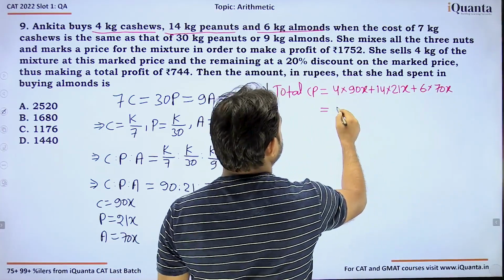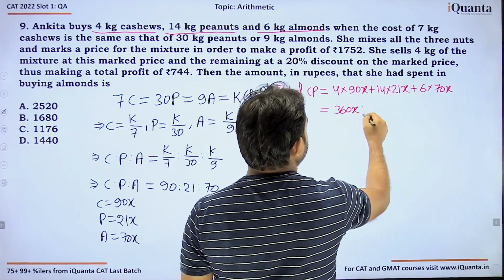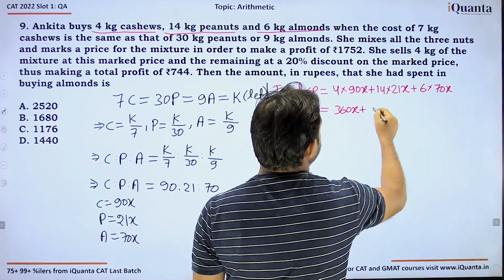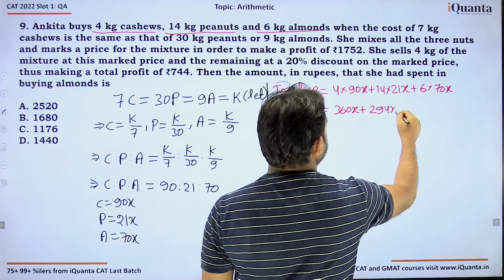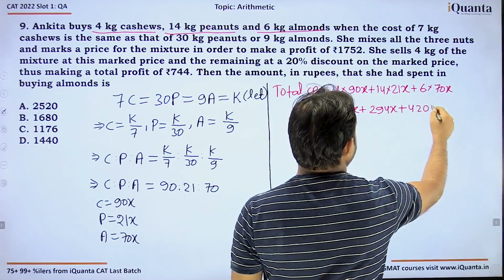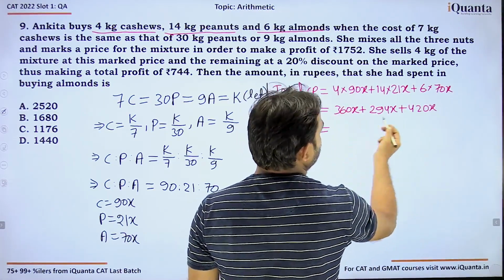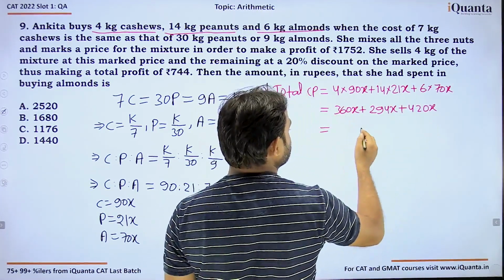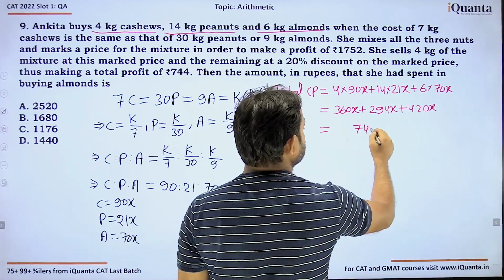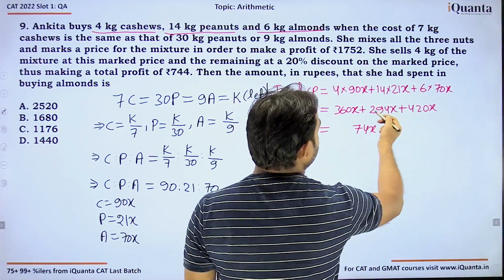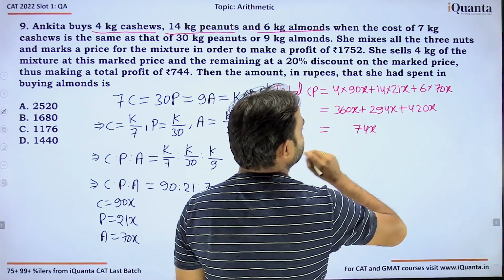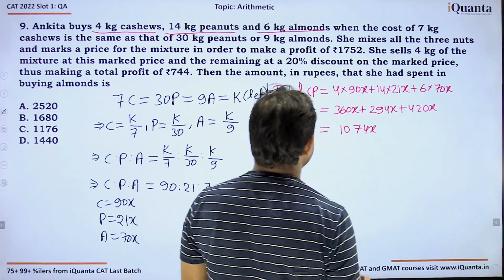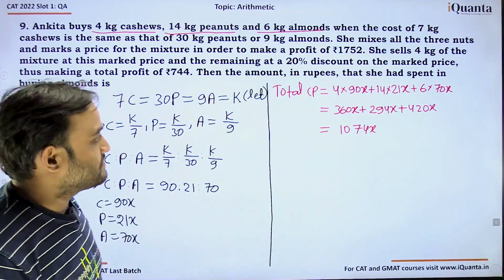This gives us 360x plus 294x plus 420x, which is 1074x. So 1074x is the total cost price here.